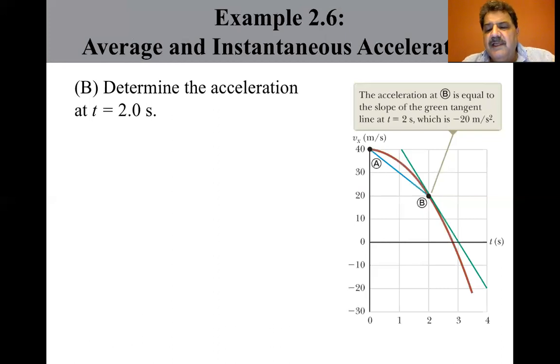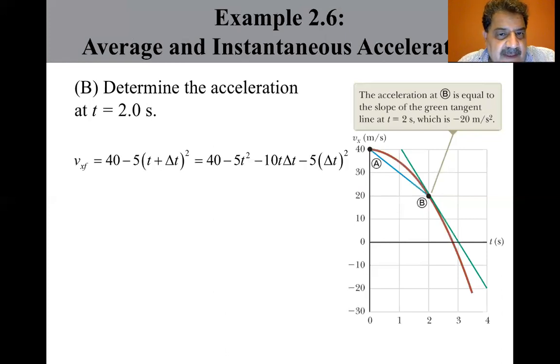Knowing that the initial velocity at any time t is Vx initial equals 40 minus 5t squared, find the velocity at any later time t plus delta t. Okay, there it is, we're just substituting t plus delta t into the initial equation.